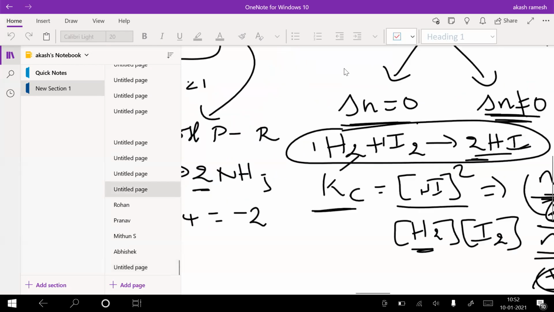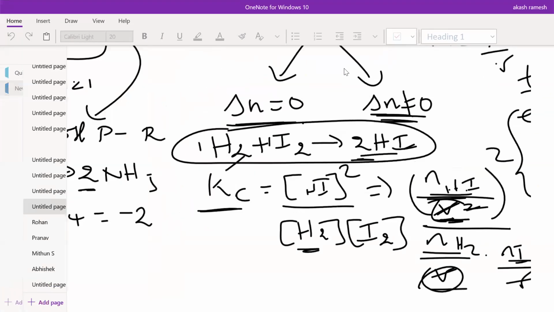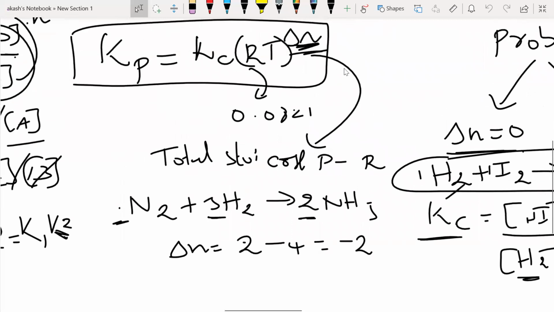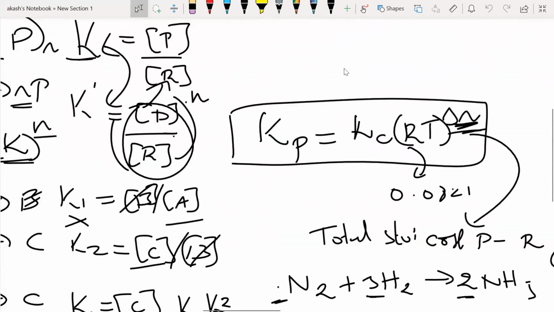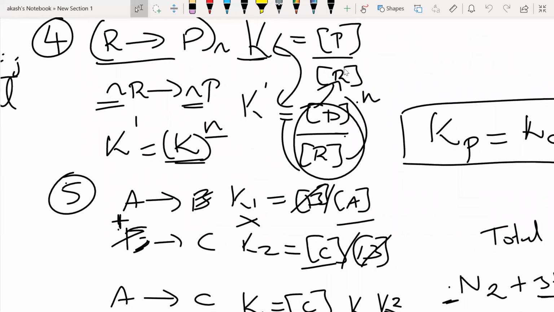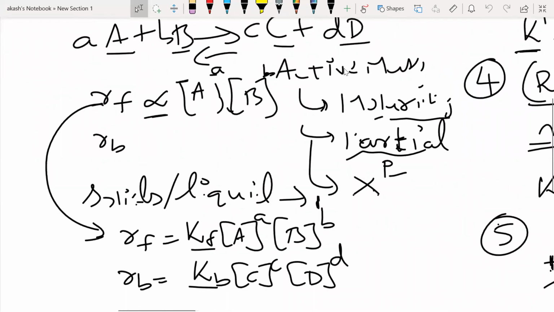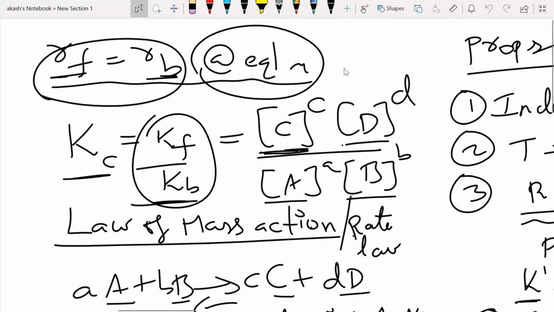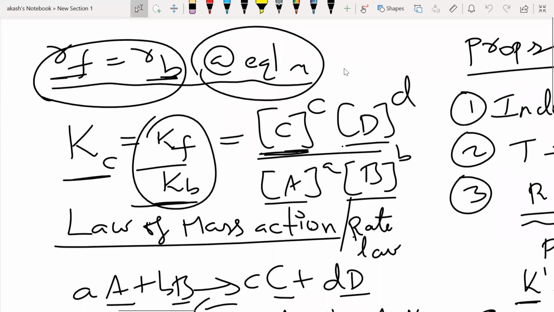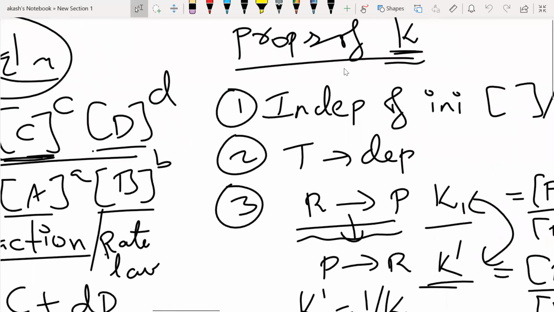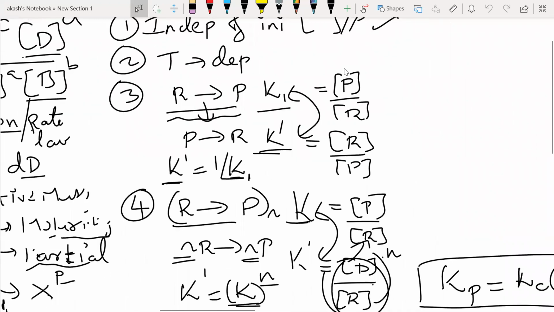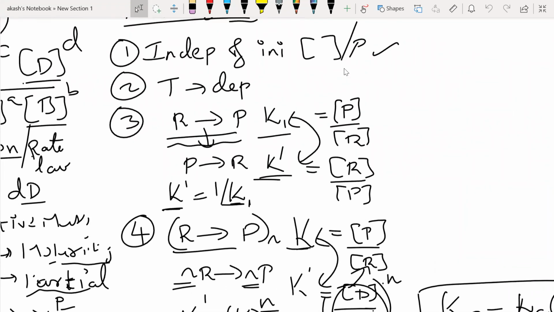Okay, see. So where was I? Where is it? Okay. So what do you see here? Where is it? Oh, this is law of mass action. Yeah, got it. Right. So did you see? First 2 points are okay.